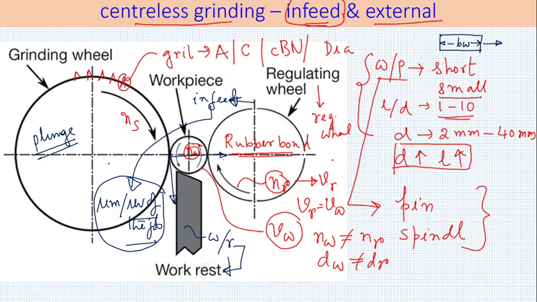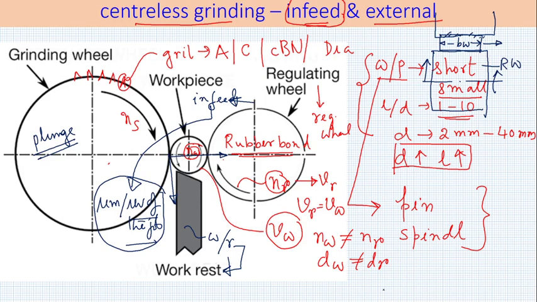So only the regulating wheel, rotating in this direction, will advance and grinding will take place at this particular surface. So this is centerless external infeed grinding.